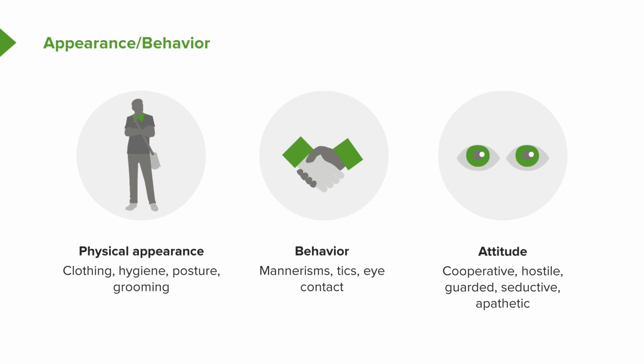So what's their clothing, their hygiene, what's their posture, and what's their grooming. So how they are dressed, how do they look like, what's their posture, are important descriptors, no, of the physical appearance. Also, you have behavior.